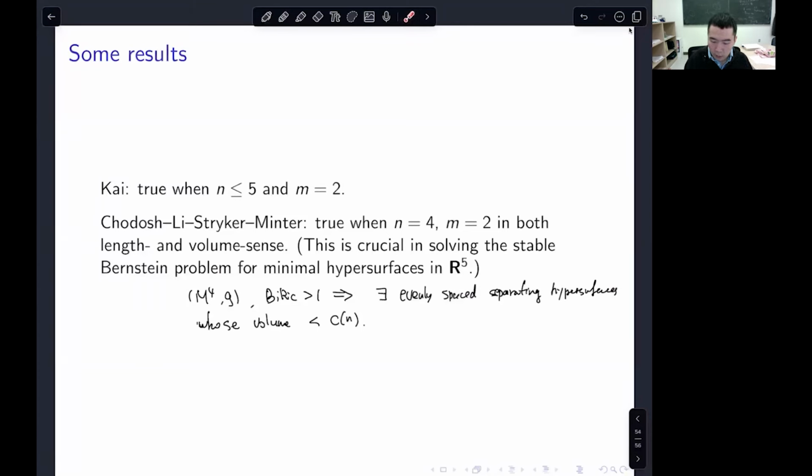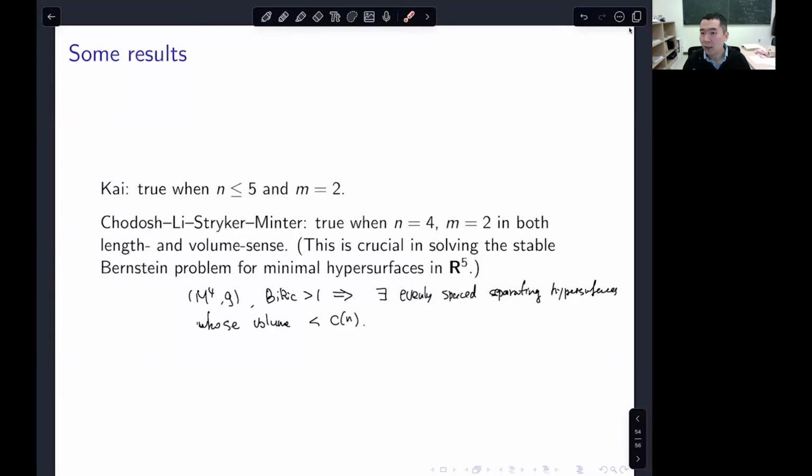So for 4-manifolds with bi-Ricci larger than 1, you can try to exhaust them by regions whose boundaries have small volume. This is actually a crucial step in our recent solution to the stable Bernstein problem for minimal hypersurfaces in R^5.